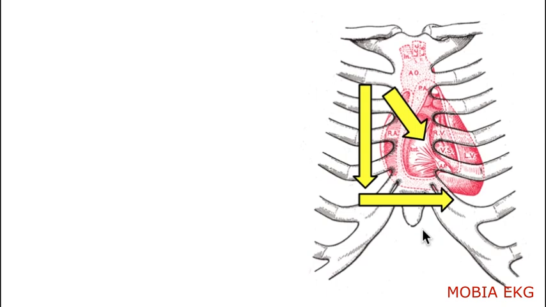Also, I would like to mention two axes of the heart. The transverse axis or short axis of the heart starts from the right border and continues to the left border of the heart, and also the long axis, which starts from the superior part of the heart and comes down through the inferior surface of the heart.